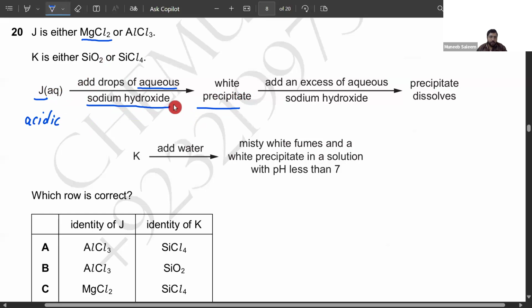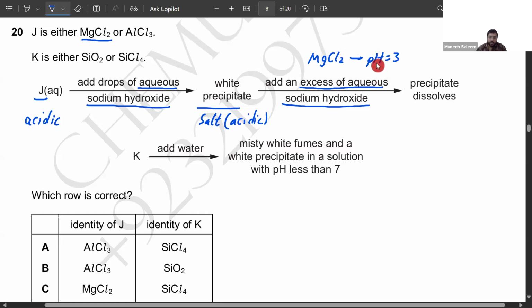So it should form a white precipitate. That is definitely the oxide form of the compound, or it could be the salt form of it. A salt is formed because of the base reaction with the acid. But if excess aqueous sodium hydroxide is added, it means that this salt should remain acidic, and that can only be seen in the case of AlCl3, in which the solution pH was equal to 3.